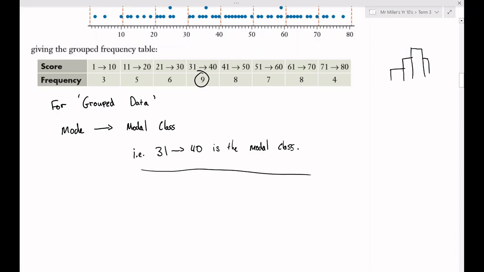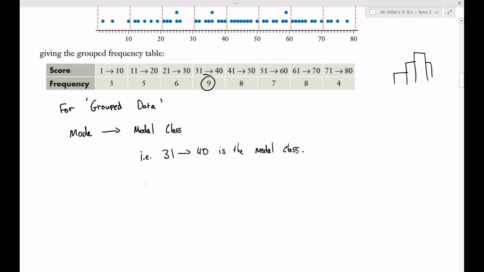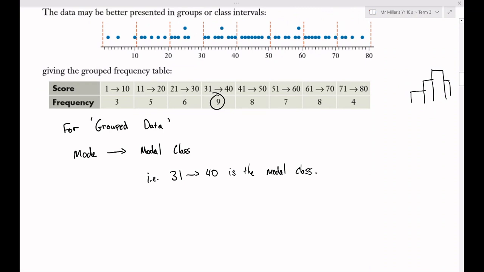We wouldn't say the mode is some specific number. We say the modal class is 31 to 40. And if I were to calculate the mean and sum together a bunch of scores and divide by the total frequency, I would sum the midpoint of each of these scores. So for example, the midpoint of 41 and 50, I would just find the average of 41 and 50. That would be 45.5, I believe. Yep.